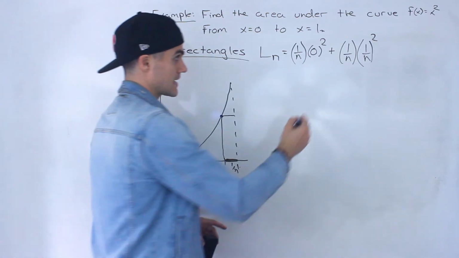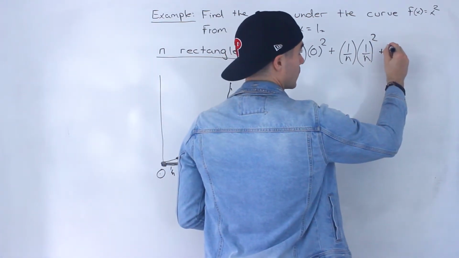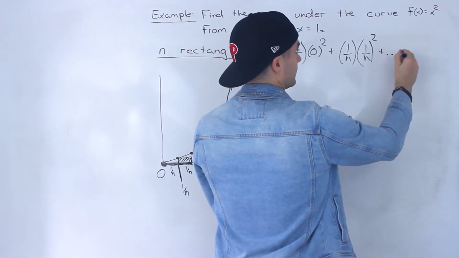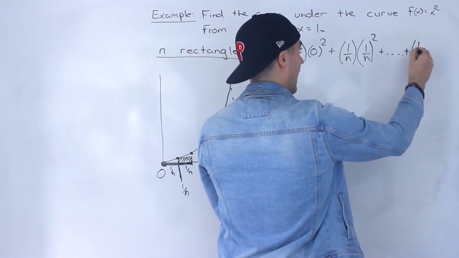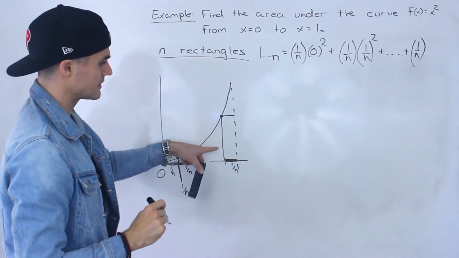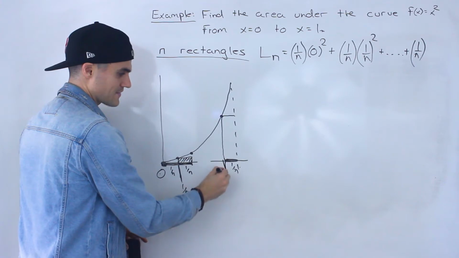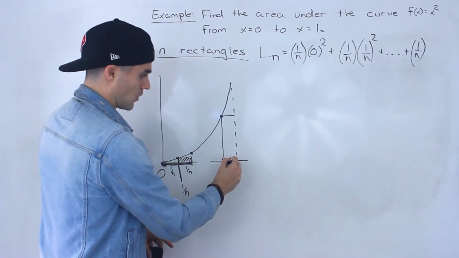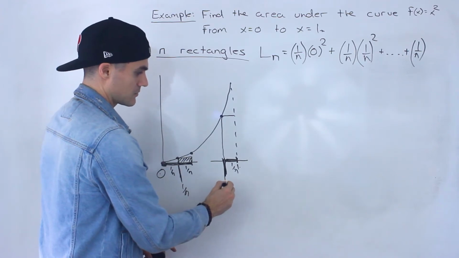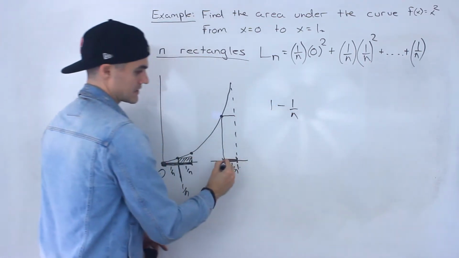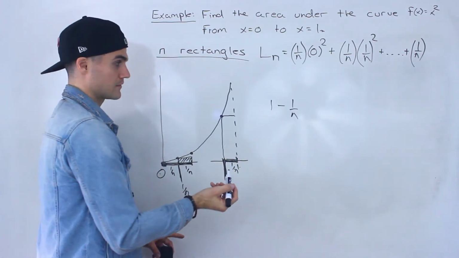And this last rectangle, we know it's going to have a length of 1 over n as well. But what's the height going to be here? What's this x value over here? We know that this x value is 1, so what's this x value going to be? Well, it's basically 1 minus 1 over n, because this is 1 over n.